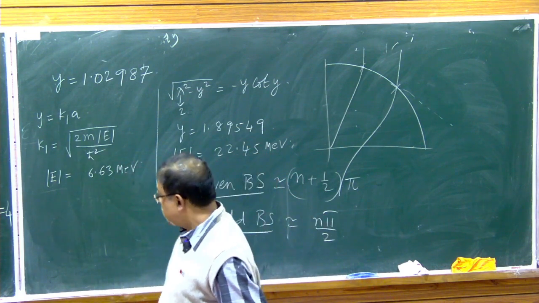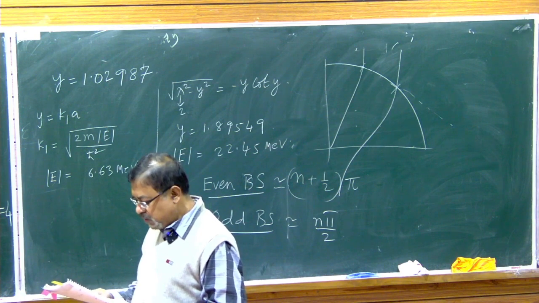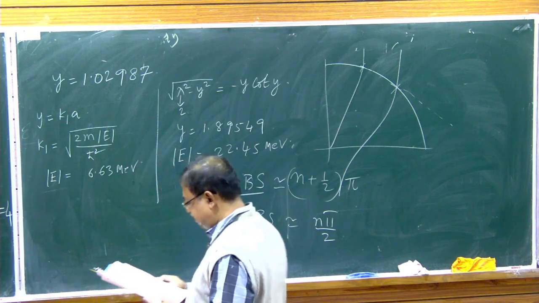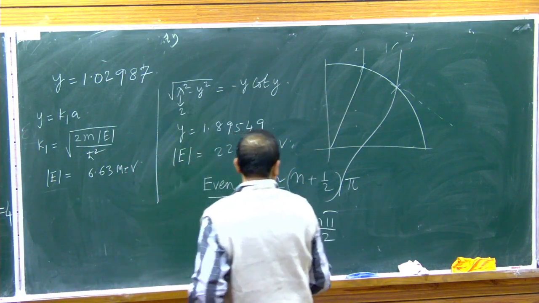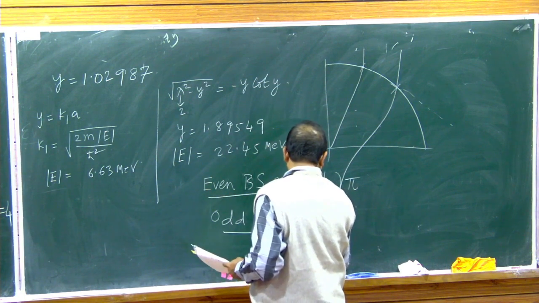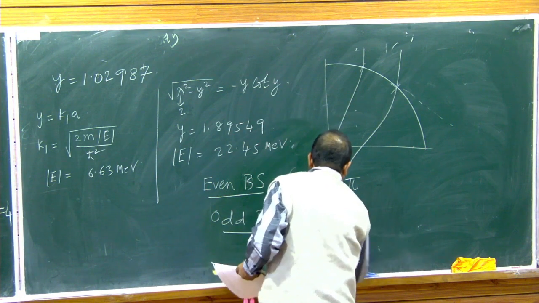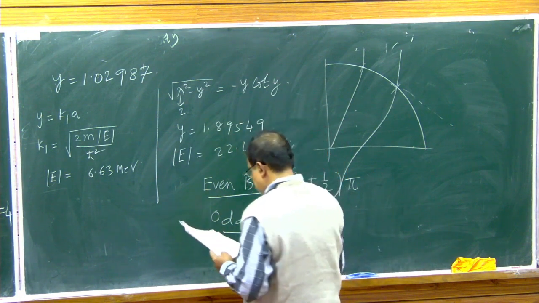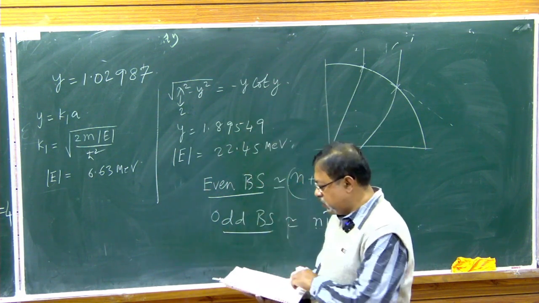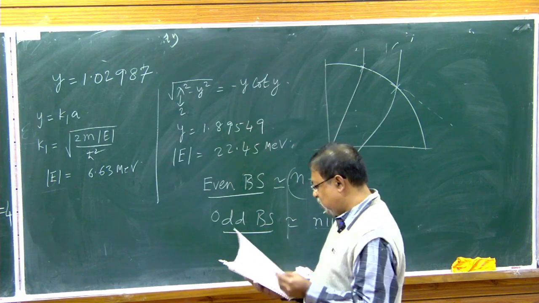Okay, so these odd solutions are spaced not n pi by 2, it's n pi. So that's the spacing between the odd solutions, and the spacing between the even solutions is this.